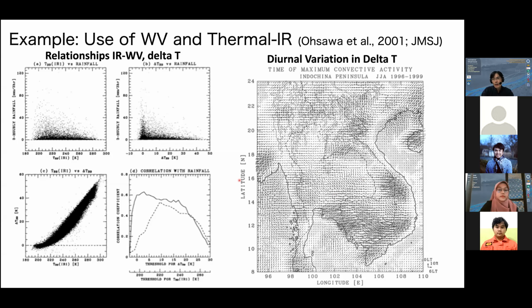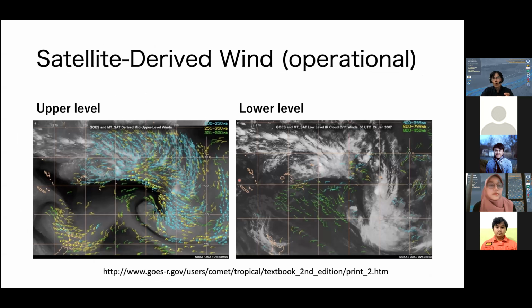From the point of view of operations for meteorological agencies, capturing wind speed is based on the geostationary satellite imagery. Through pattern matching between the previous time and the current time, it is easy to capture the cloud, how the cloud moves, and at which height it moves. These are detected automatically, and based on the cloud behavior we get satellite-derived winds.